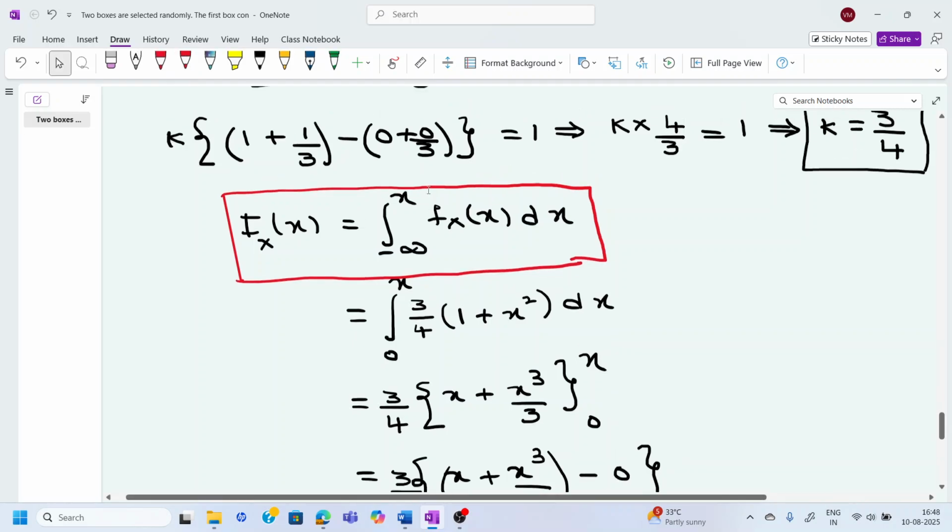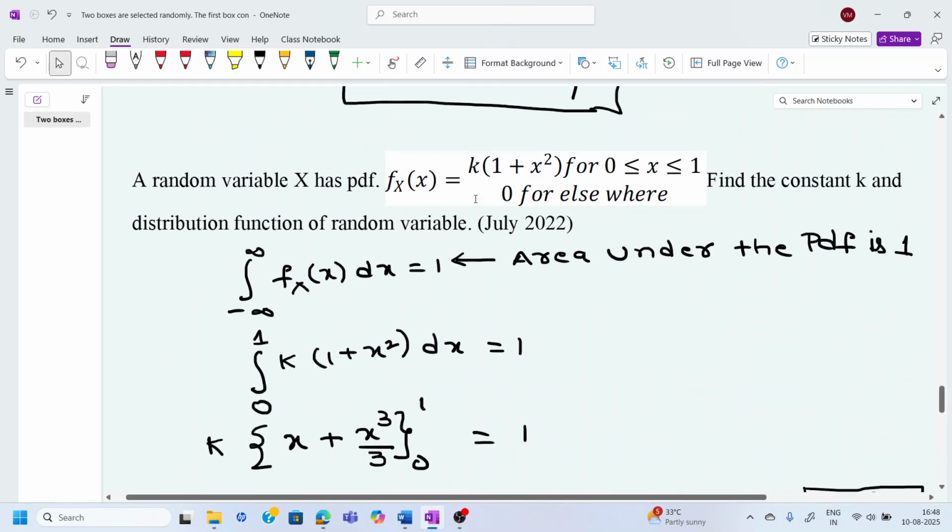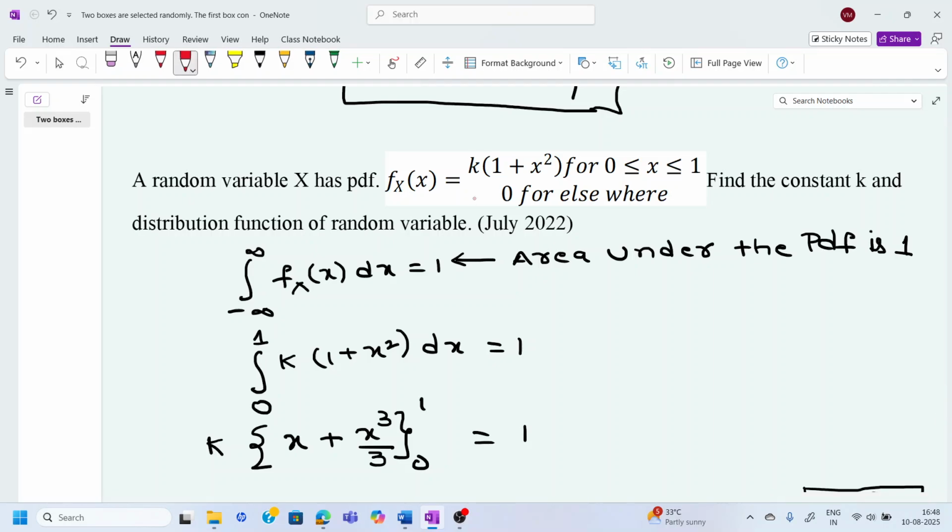The other important thing we should know is that the area under the density curve is equal to 1. These are the two things required in order to solve this problem.